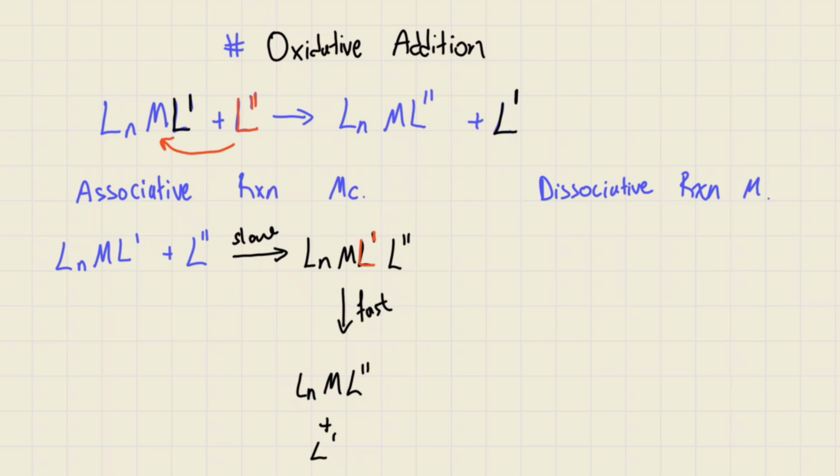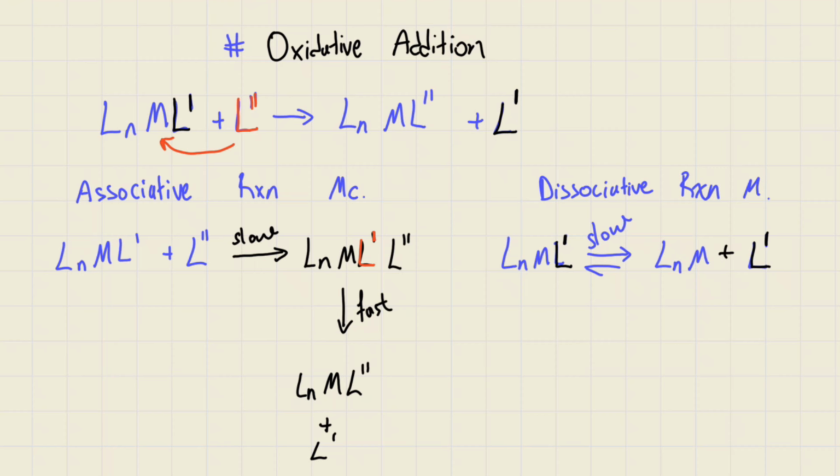In the dissociative mechanism, first the ligand leaves, so this ligand leaves from the metal center, and this is actually an equilibrium reaction, so a back and forth reaction, and this is slow.